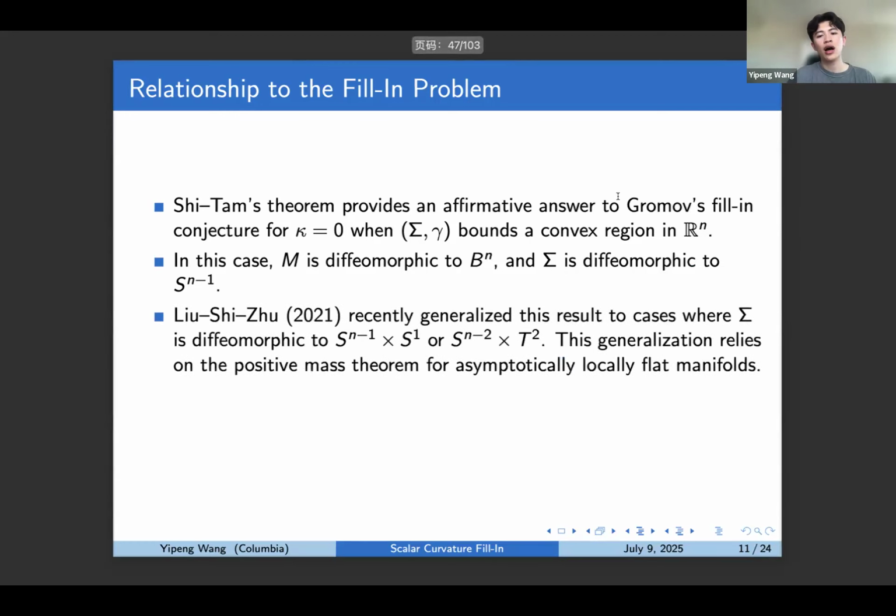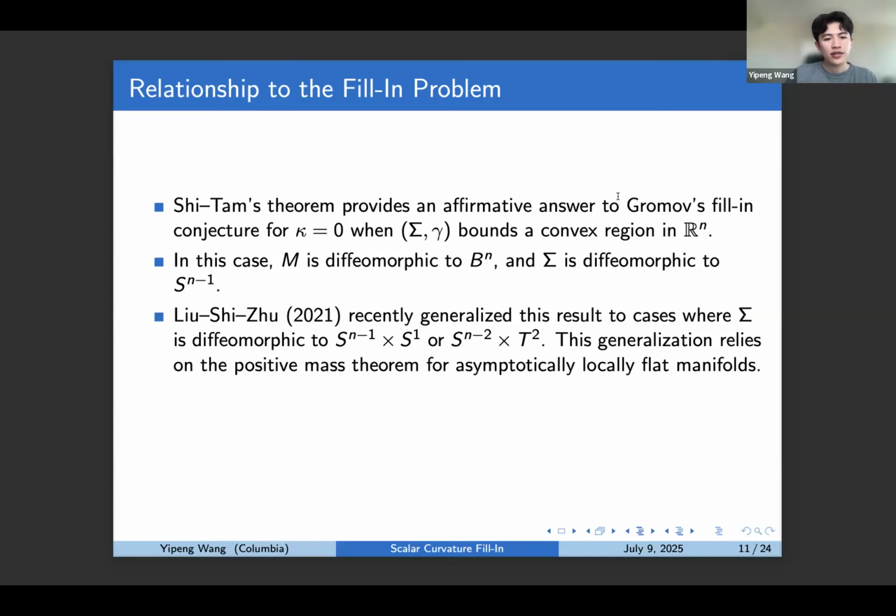Okay, so this general aspect tells you that if you can prove the positive mass theorem with some kinds of data at infinity, then it's possible to use this idea of Shi and Tam to prove this filling conjecture.